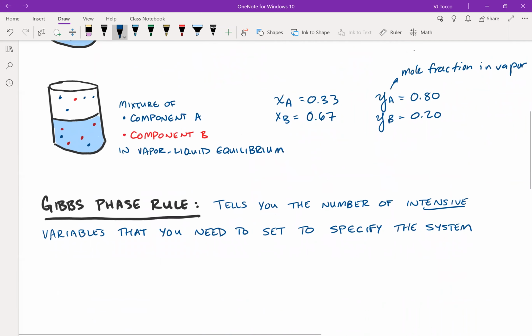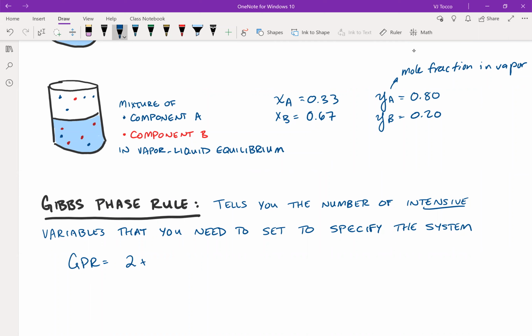And the equation for Gibbs phase rule is 2 plus the number of components minus the number of phases minus the number of chemical reactions too, but we don't deal with reactions in this class. That's more for your kinetics course. This is equal to your degrees of freedom.